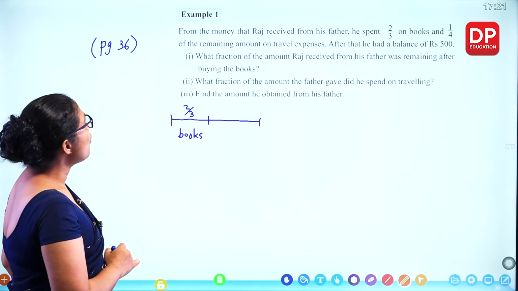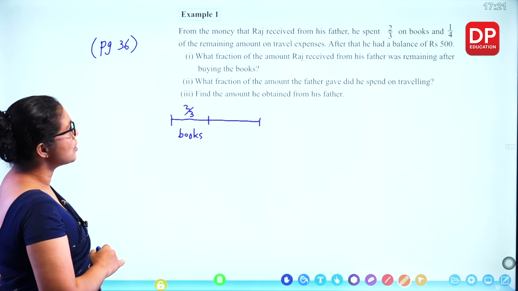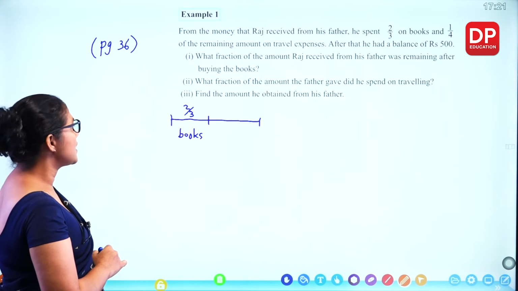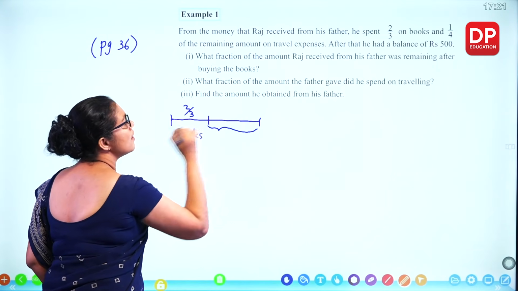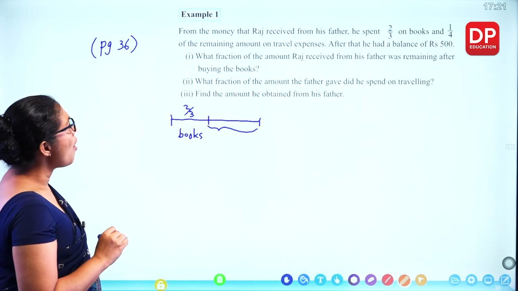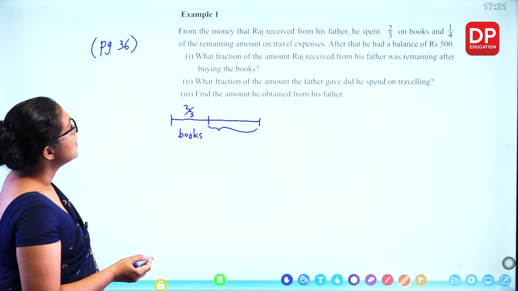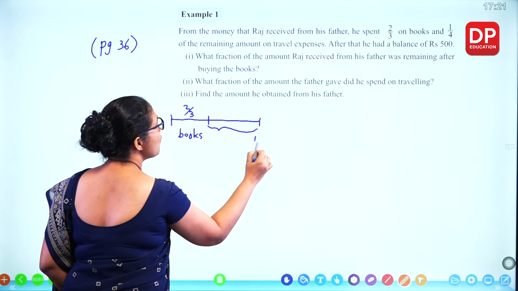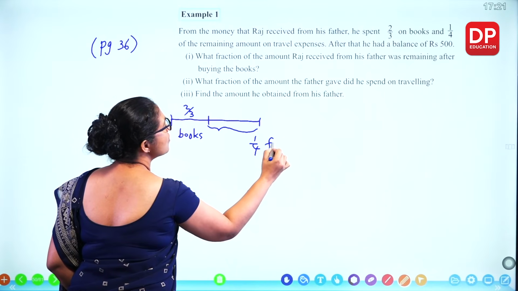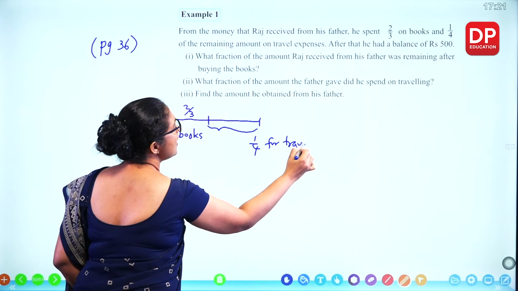1/4 of the remaining amount on travel expenses. So first you have to find out the remaining part. From that, 1/4 spent for travel expenses. 1/4 for travel expenses.